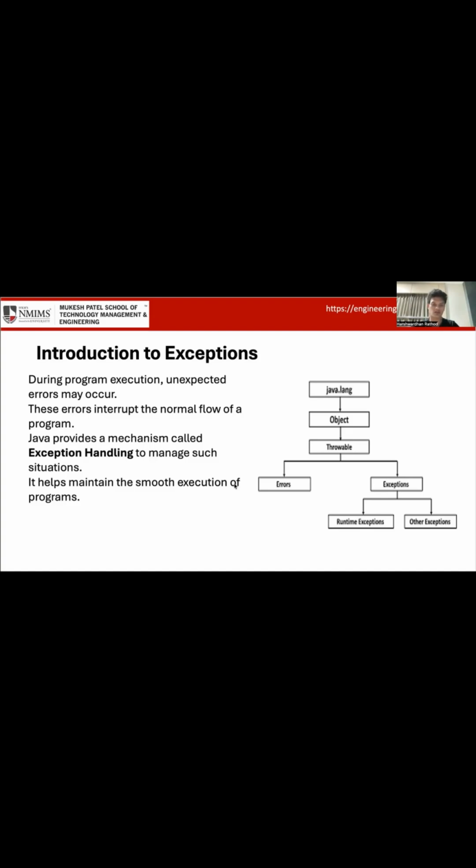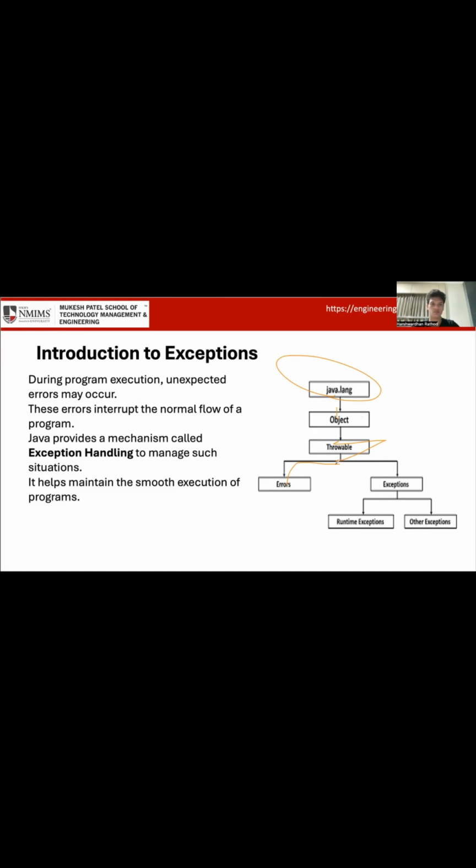So Java provides a mechanism called exception handling, which allows programmers to create a diversion for such errors, which helps programs prevent crashes and keep to the flow. Now, as you can see, we imported java.lang, and then there's an Object, then the Throwable object, and if there are errors, it will stop the program.